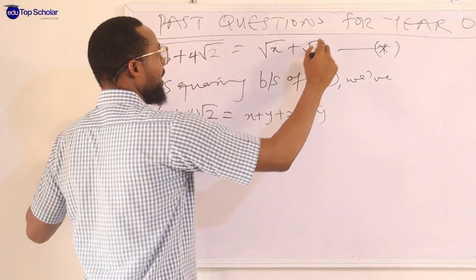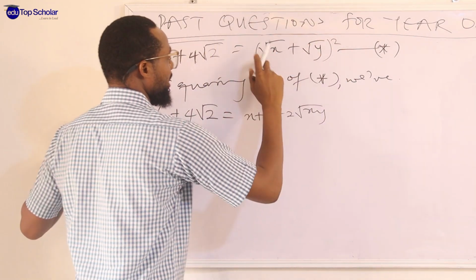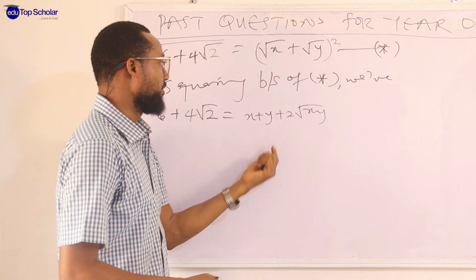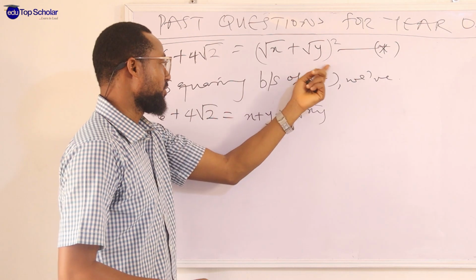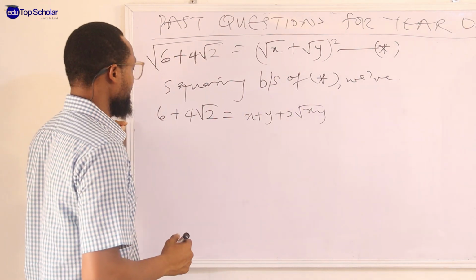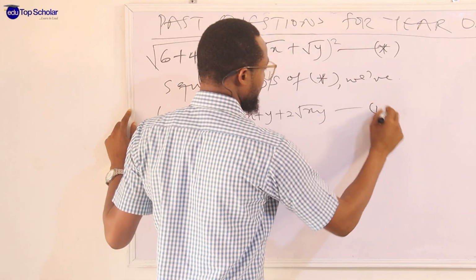Because I multiply this one by itself. So root x by root x will give me x, root y by root y will give y, and this one multiplying y and this one multiplying x will give us 2 of this. And now, I can call this one equation 1.